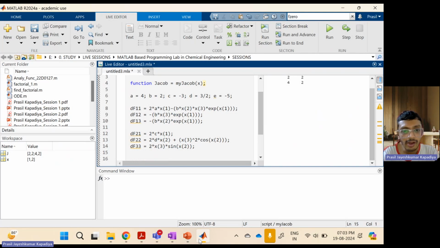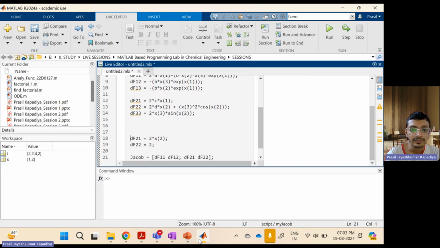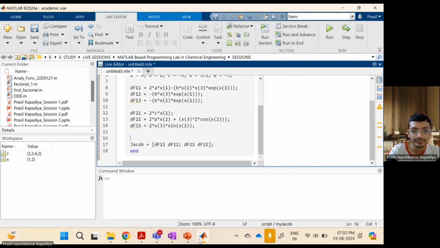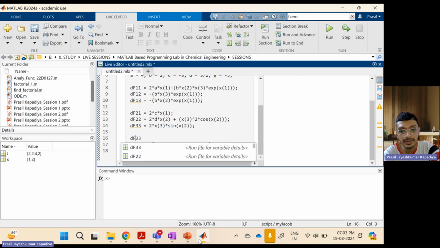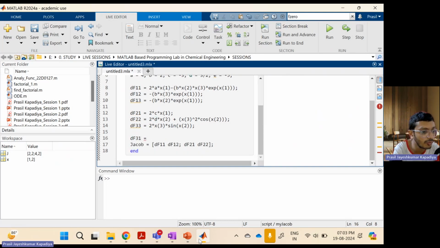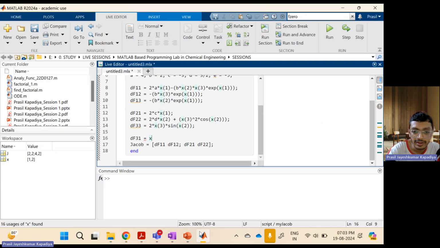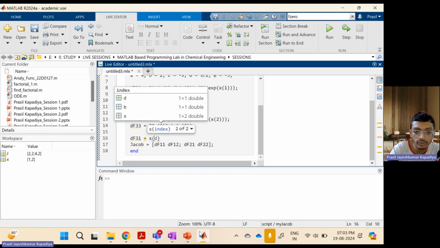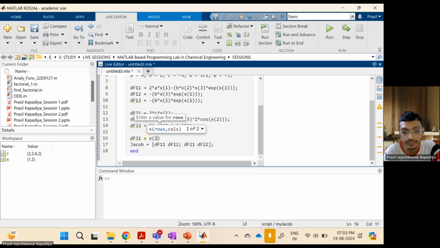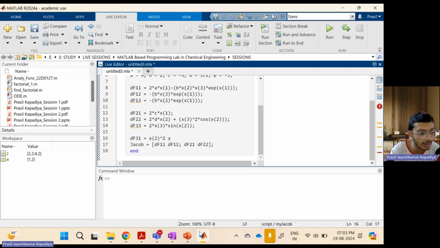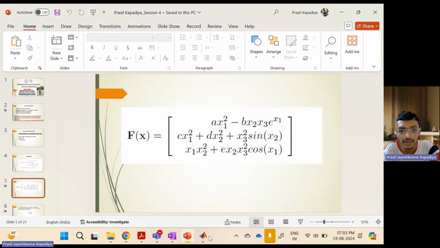Now I am to find the third equation, correct? So df31, the third equation with respect to the first variable, it is nothing but x2 square plus this whole term. No, it's not plus, here also there is one x1.